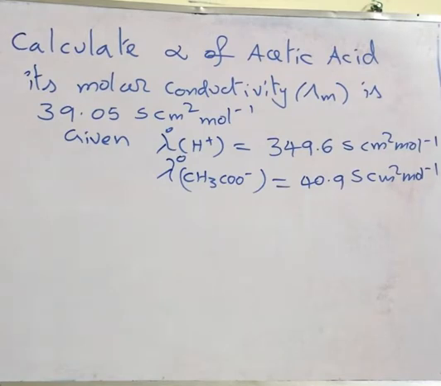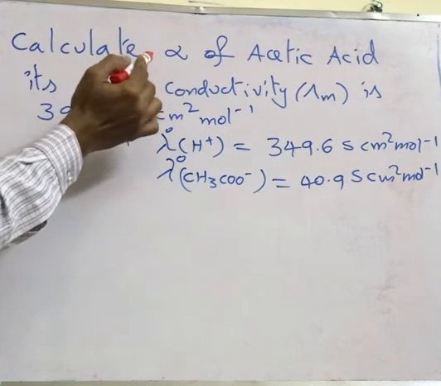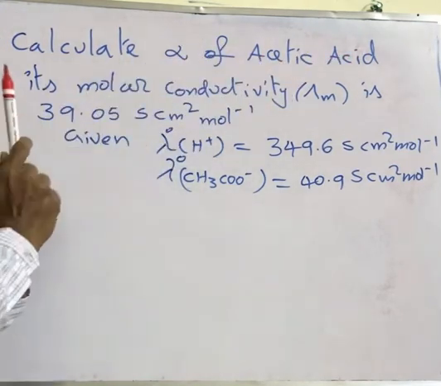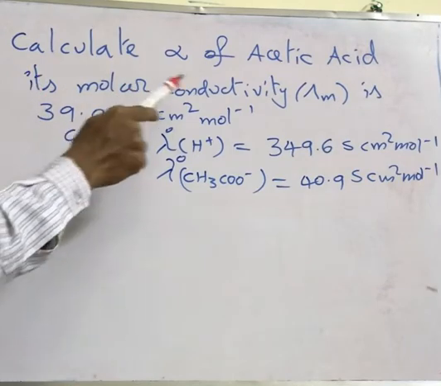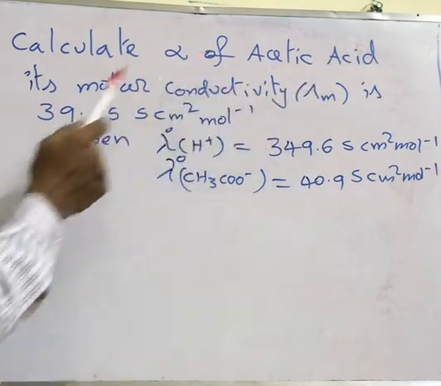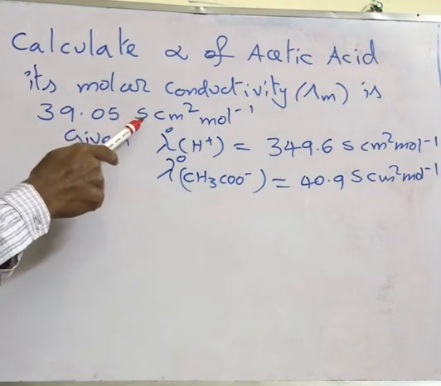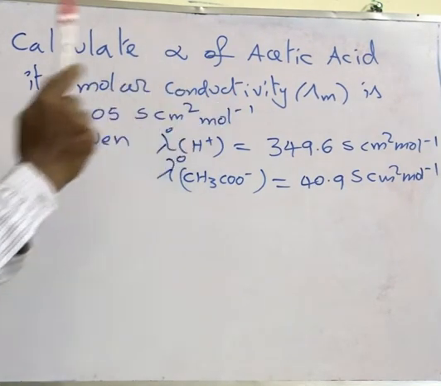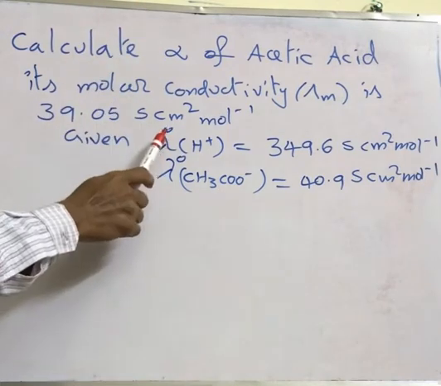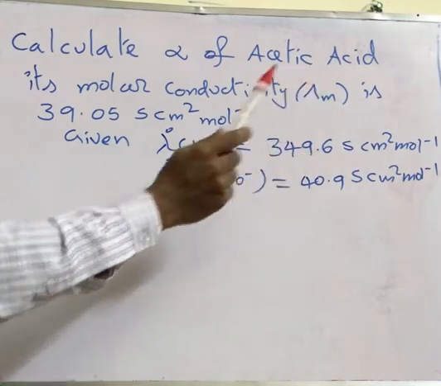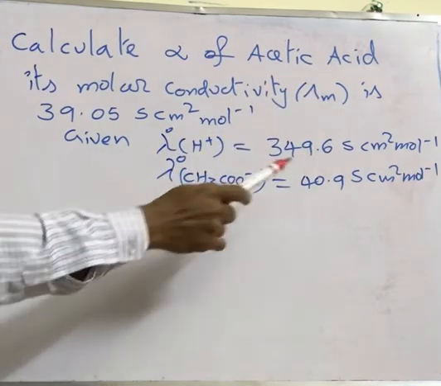Here, the first one: calculate the degree of dissociation, that is alpha, of acetic acid if its molar conductivity, lambda m, is 39.05 Siemens centimeter square mole inverse. Given that lambda O of H plus ion is 349.6 and lambda O of acetate ion is 40.9.